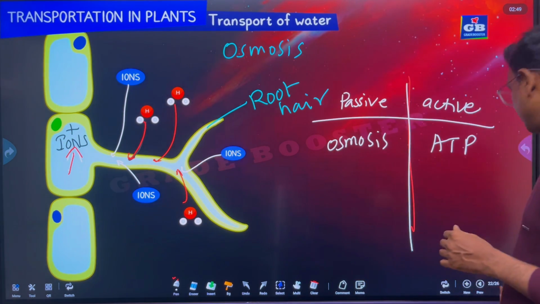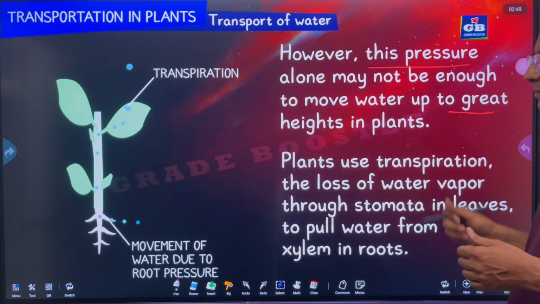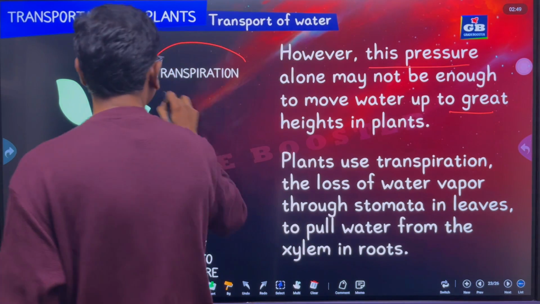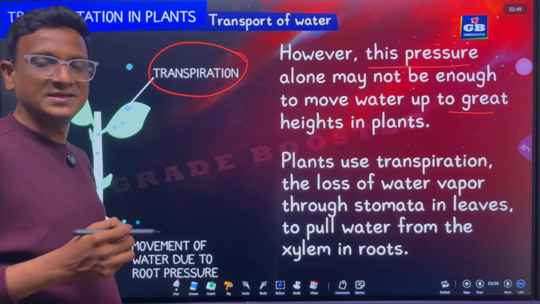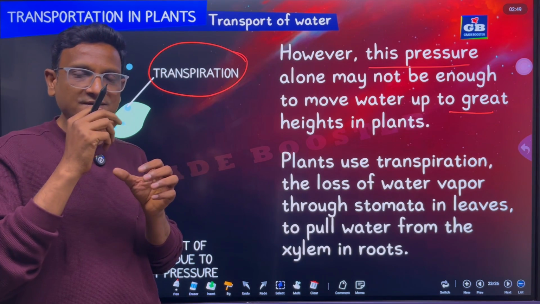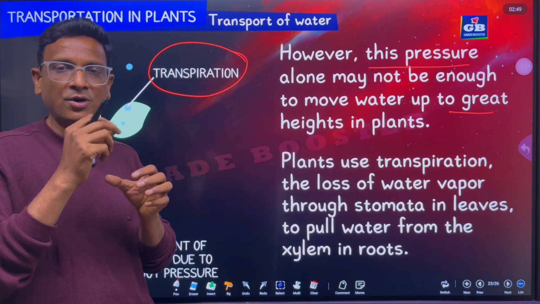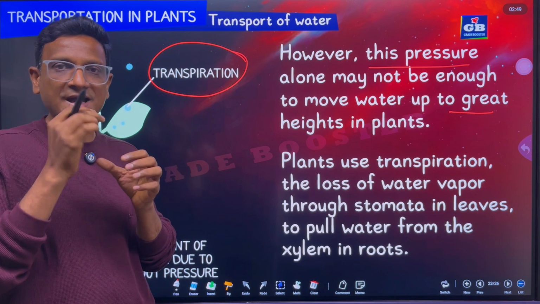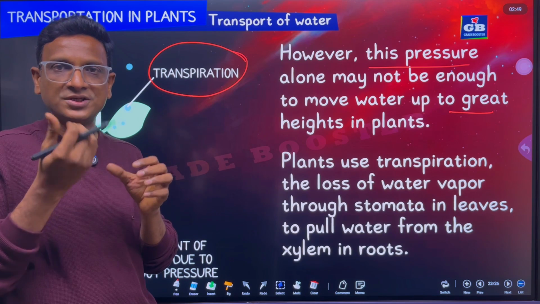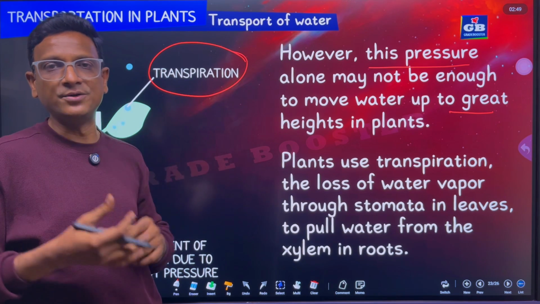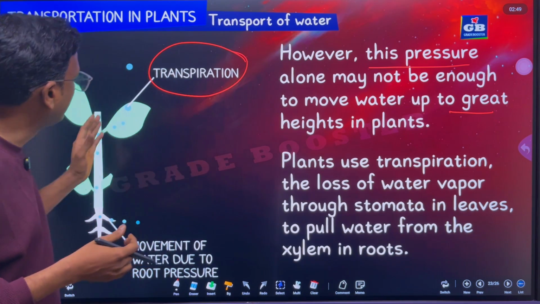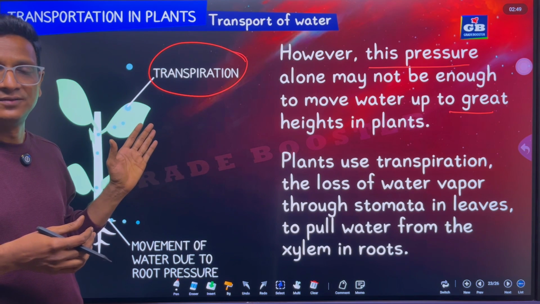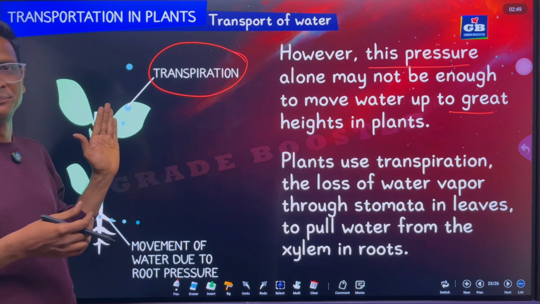Then what happens? The plants use another mechanism called transpiration. It is just like, for example, you have a straw in a juice can you are drinking. As you suck from the upper part, the liquid from the bottom enters into the straw. In the same way, transpiration helps the movement of water in xylem.